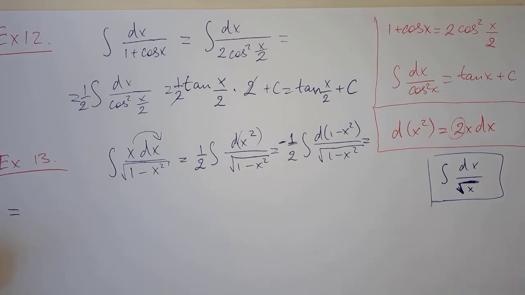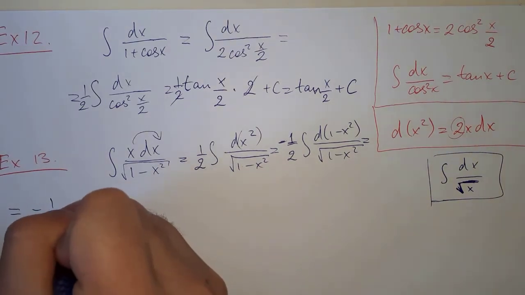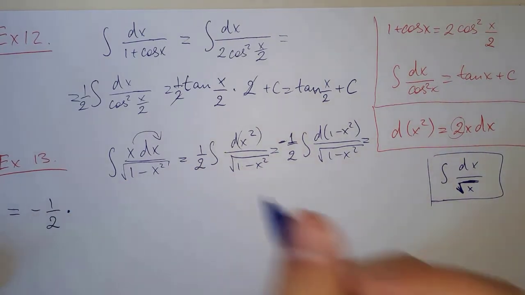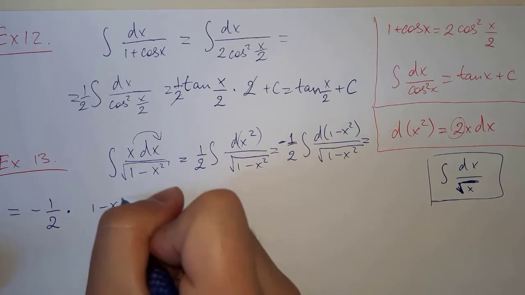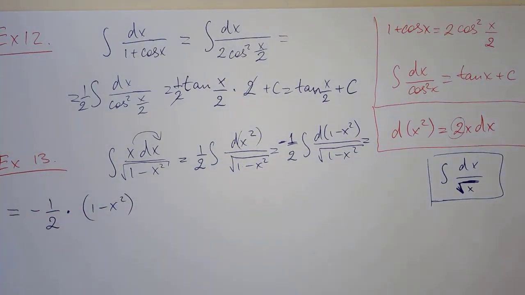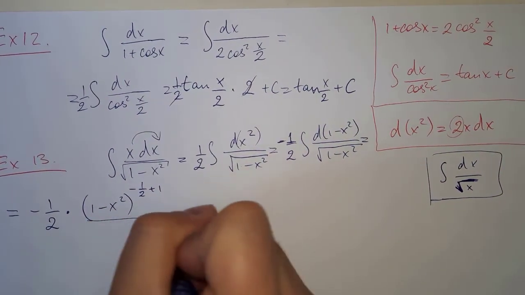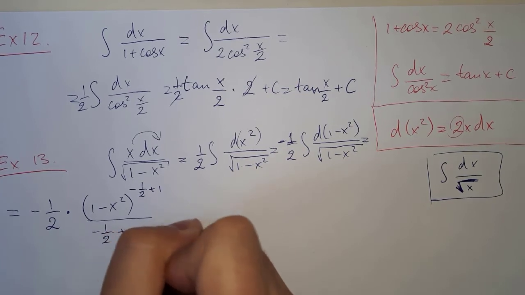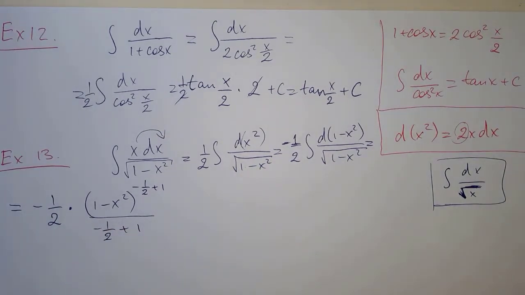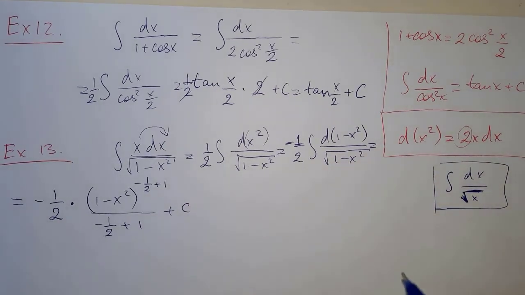So what was the answer here? It is now minus 1 over 2 times 1 minus x squared, in which power? It is minus 1 over 2 plus 1, and here also minus 1 over 2 plus 1, plus c, of course.